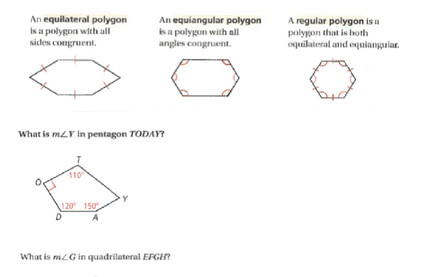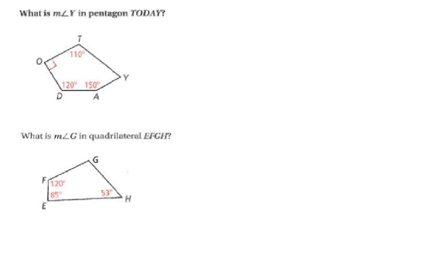Okay, so let's do an example. They want to know what the measure of y is in the pentagon. Well, the first thing that we have to figure out is what should they all add up to be? Pentagons, if you don't know, are 5-sided. But if we didn't know, we could just count the sides: 1, 2, 3, 4, 5.